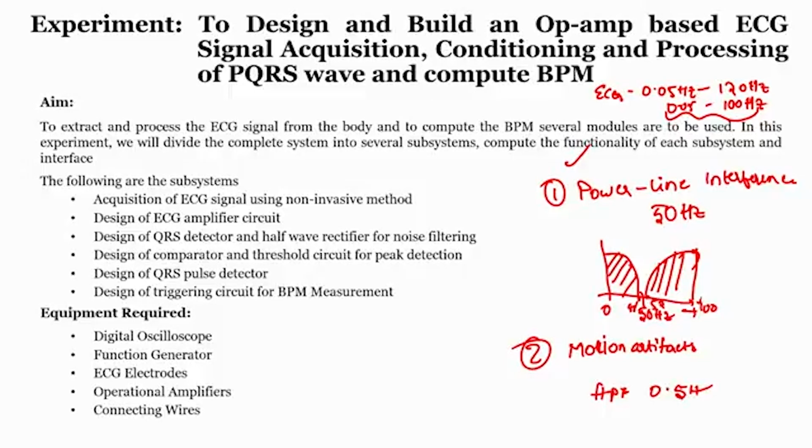So, in order to understand, if I know the general frequency of our QRS, it will be somewhere around a maximum of 20 hertz. So, somewhere around 8 to 20 hertz is the maximum frequency of our QRS peak. Since this particular frequency is required by us, as long as we can allow this band of frequency, and if we remove other bands of frequency unwantedly, we can compute the BPM.